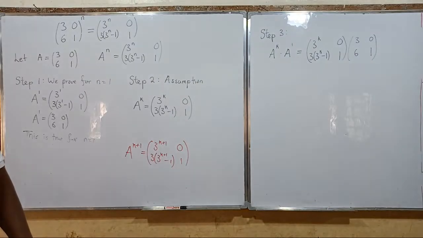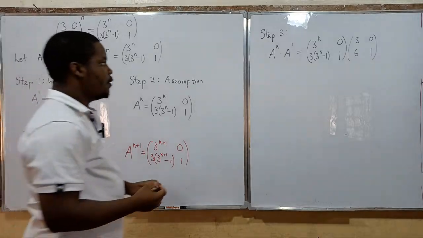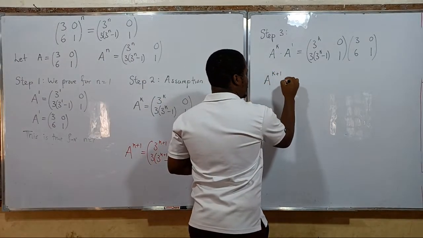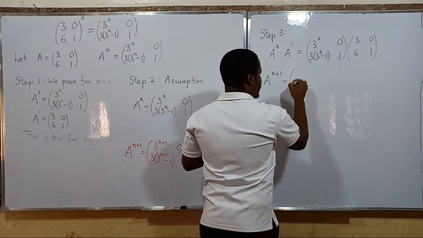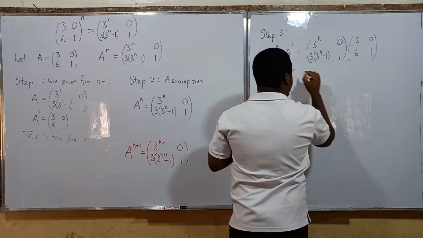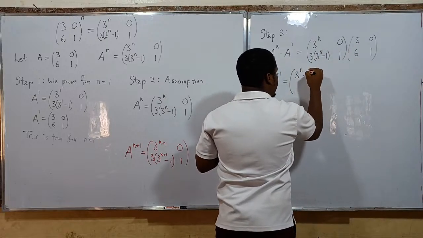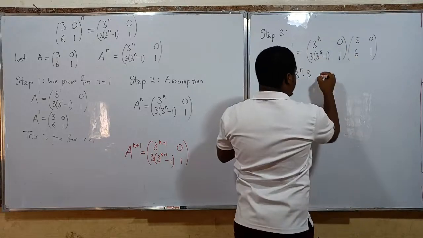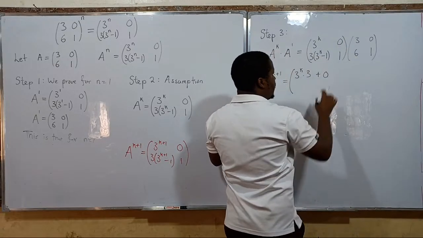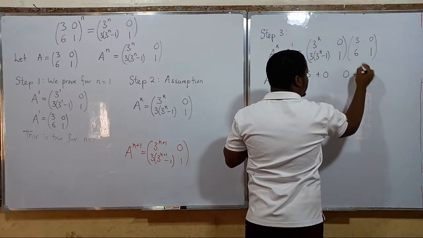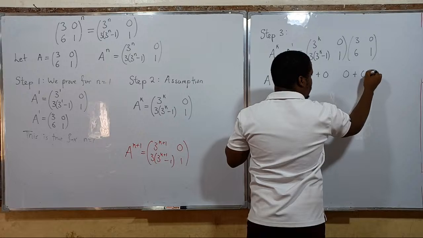Row by column. So on the left hand side, the bases are the same. What happens with the powers? We add the powers. So what do we get? A to the k plus 1 is equal to, open bracket, row by column, right? So 3 to the k times 3. 0 times 6, which is just 0. 3 to the k times 0 is 0, plus 0 times 1, 0.